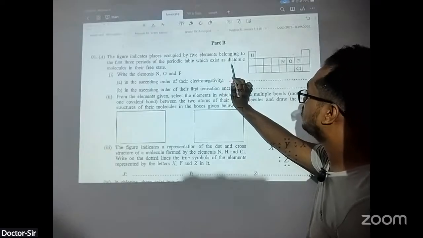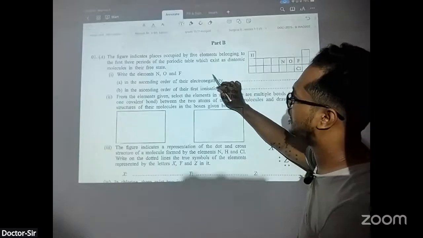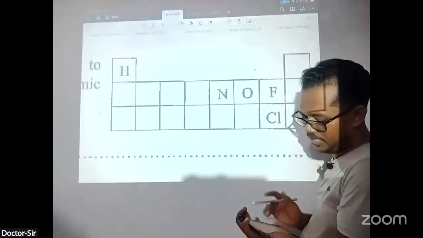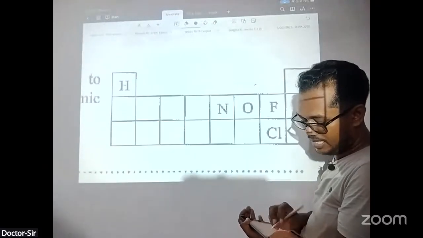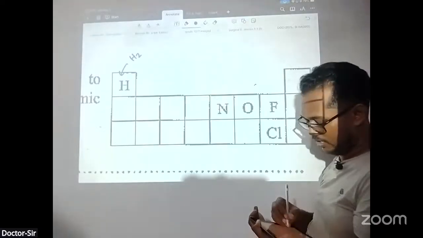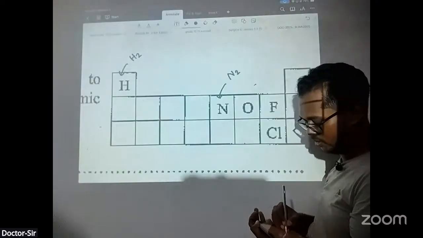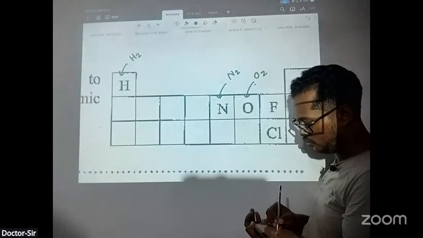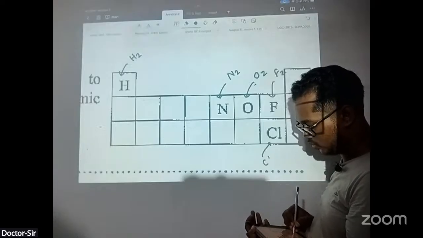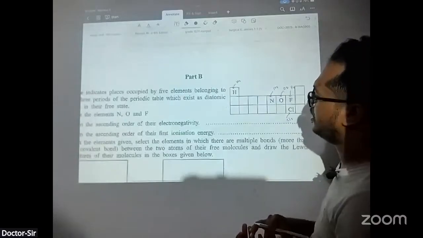These molecules are all available in the diatomic state. Think about hydrogen. How is it available in the air? It is available as H2. Nitrogen is available in the air as N2, and oxygen as O2. Fluorine is available as F2. Chlorine is available as Cl2. Right? Okay, now you can understand it.